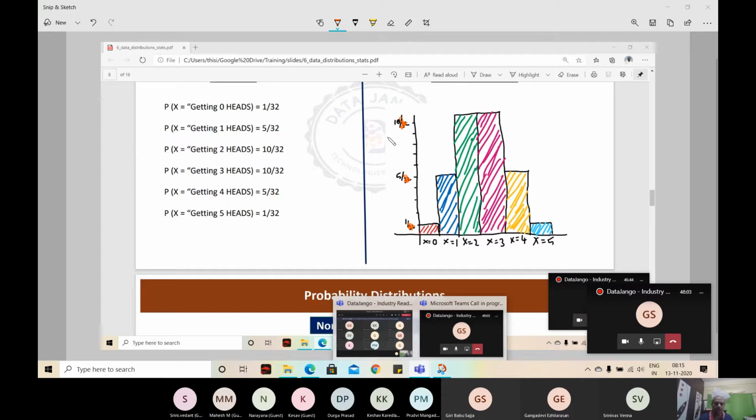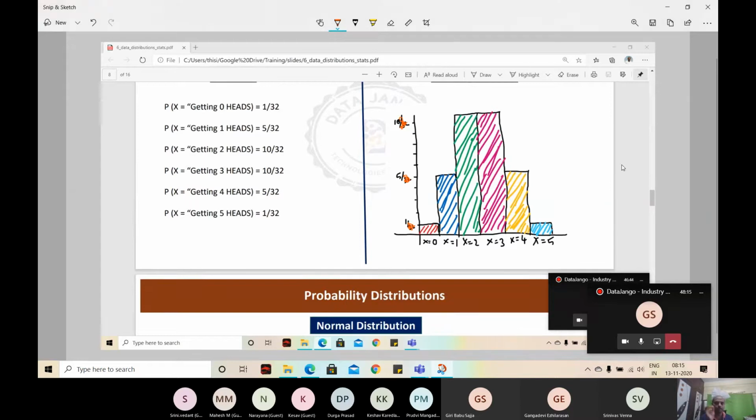So the favorable count is on the y-axis. Whether you take probability or count, the shape will not change. Do you agree now? Whether it is probability or count on the y-axis, the shape of the graph will not change. The scale may change, but the shape will not change. Got it?